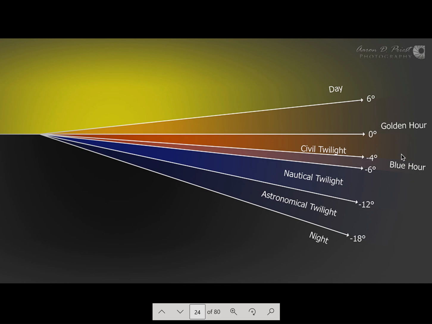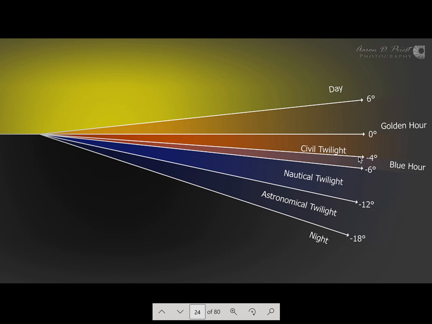And while it is not an hour, it can be between an hour and 20 minutes, an hour and a half during summer to actually longer. I think it can be 45 minutes sometimes. Depends on where you are in the world. To longer in the winter because of the fact that the sun is shifting based on the position where the Earth is. So that's your golden hour.